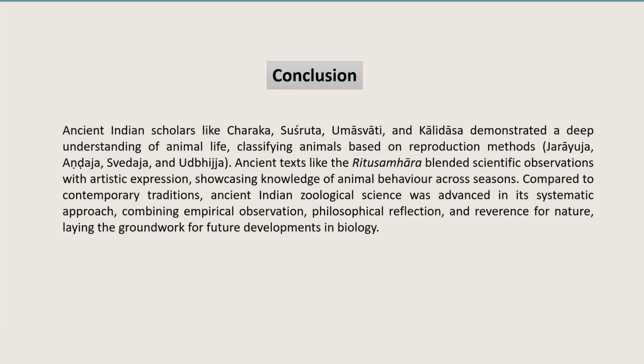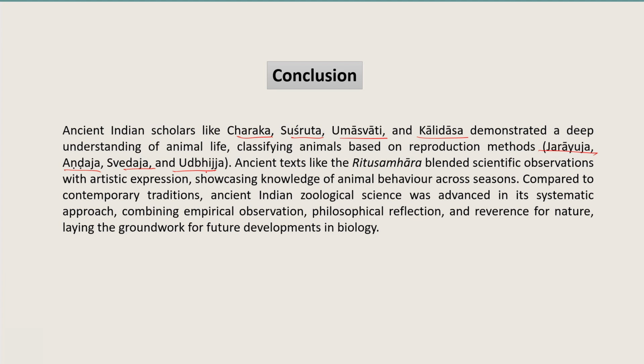So, on the basis of the whole structure, we can say ancient Indian scholars like Charak, Susrut, Umaswati and Kalidas demonstrated a deep understanding of animal life, classifying animals based on reproduction methods: Jarayuj, Andaj, Svedaj and Udbhij.